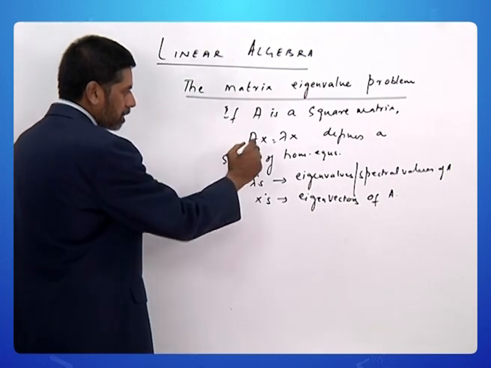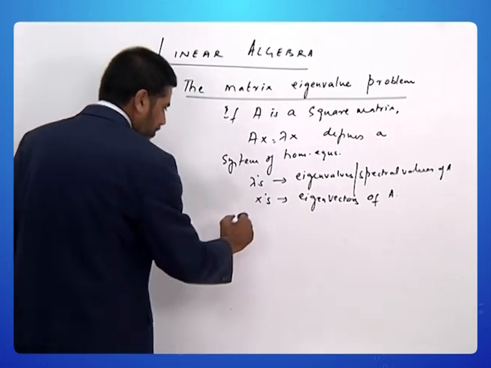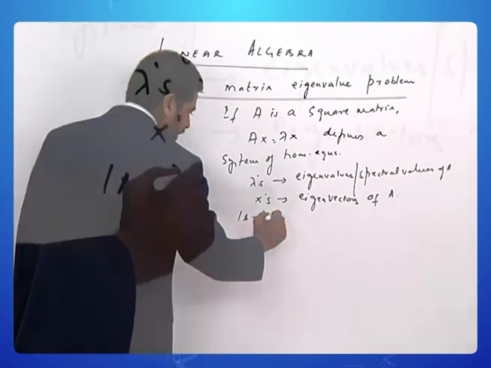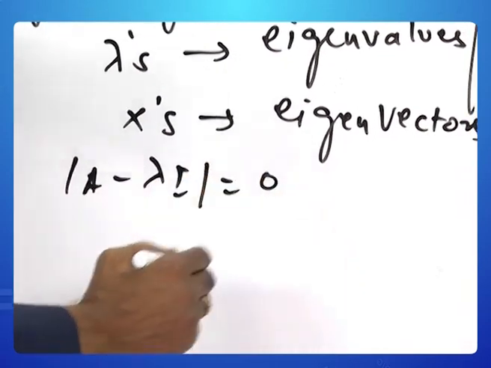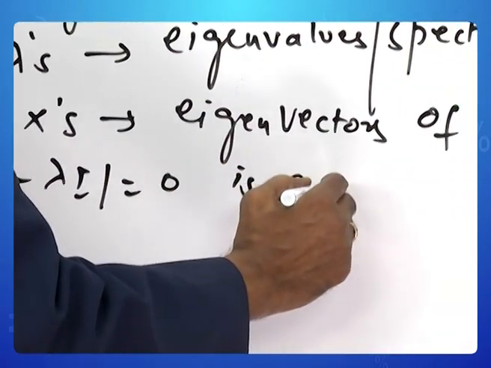Now, in order to determine the lambdas and x's, determinant A minus lambda I is equal to 0 is a necessary condition.